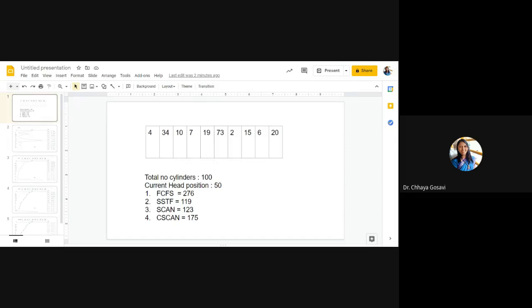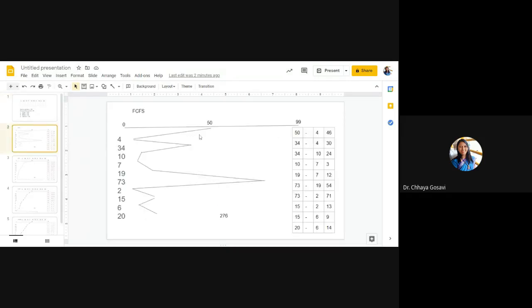About scan and C-scan, note that when you change the direction, like in case of FCFS, every time you are changing the direction, moving towards left, then right, then left, right, left, right. When you change the direction, the head position needs to change, and it takes a delay or latency to change that direction.